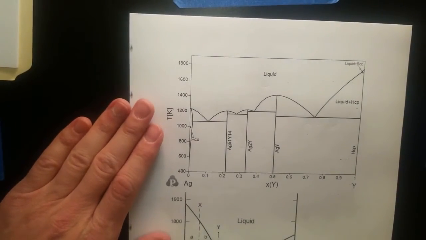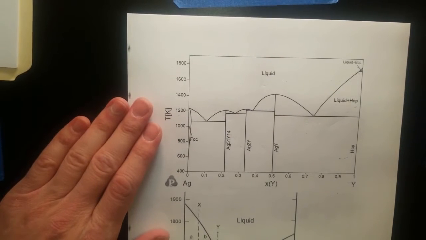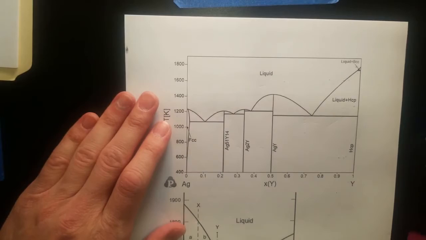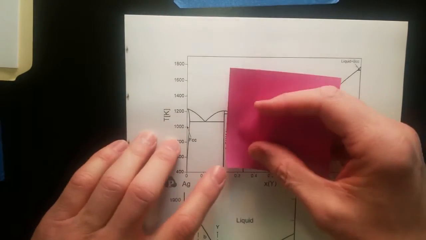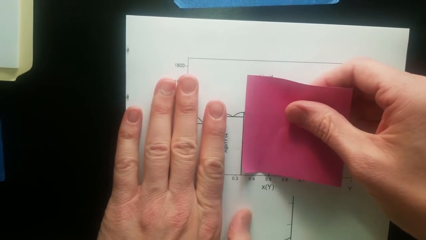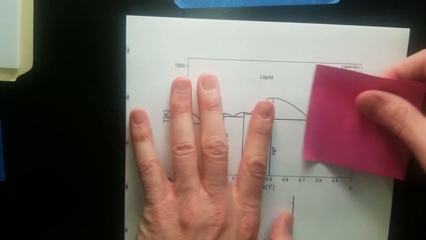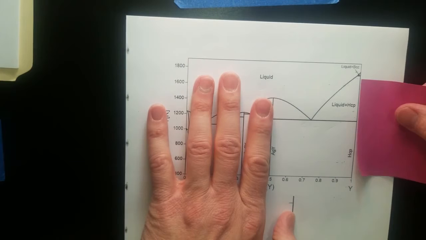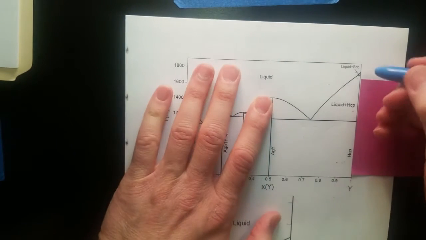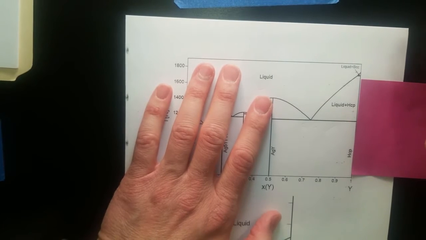So this is another example of a kind of multi-system. So that's binary eutectic, binary eutectic, binary eutectic, binary eutectic, sort of. Up here, there's something else. Let me see.